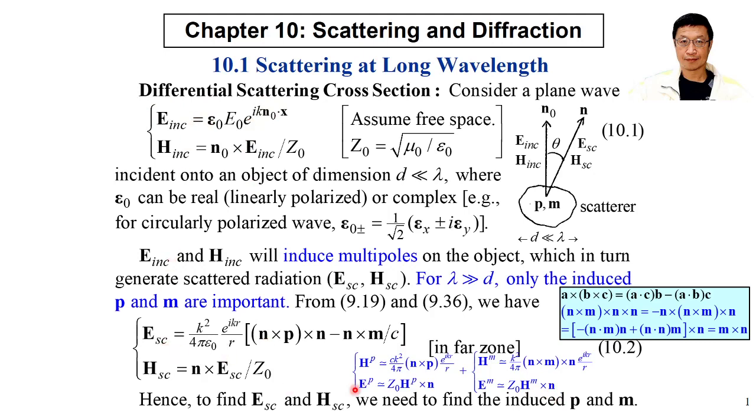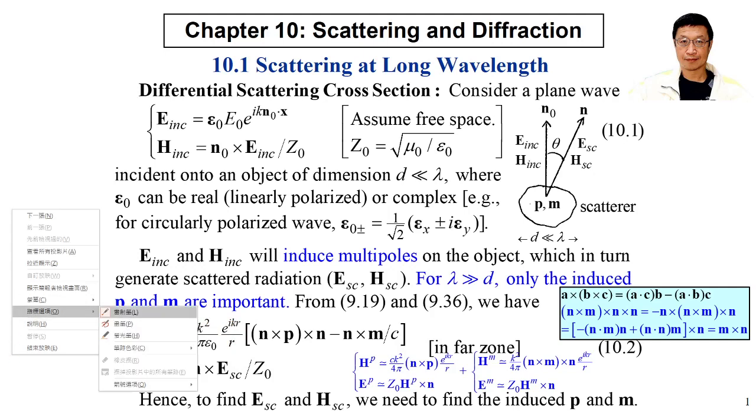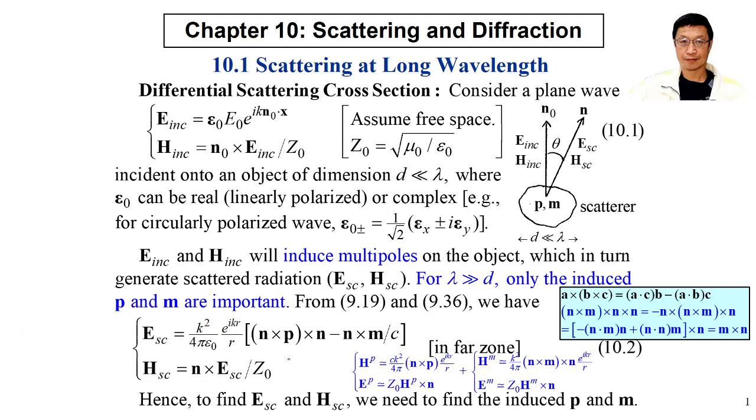To do that, all we need to do is substitute H into here. So we get k squared over 4 pi, the same, N cross P cross N, the same, exponential ikr over r, the same. The major difference is we have a c here, we have Z0 here.